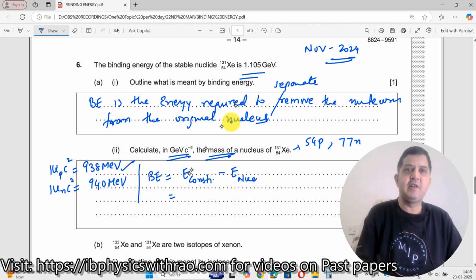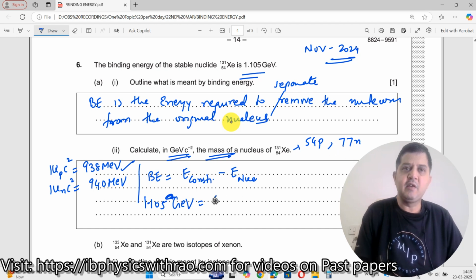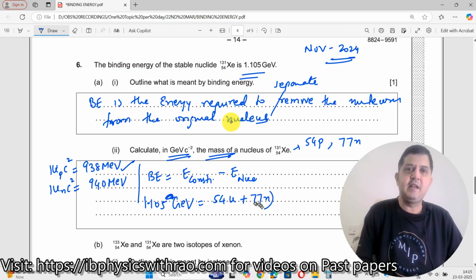The binding energy is already given to you, 1.105 giga electron volt, and it is equal to the energy of the constituents minus that of the nucleus. How do you find the energy of the constituents? You write down the constituents, protons and neutrons: 54 times u_p plus 77 times u_n, multiplied by c square.